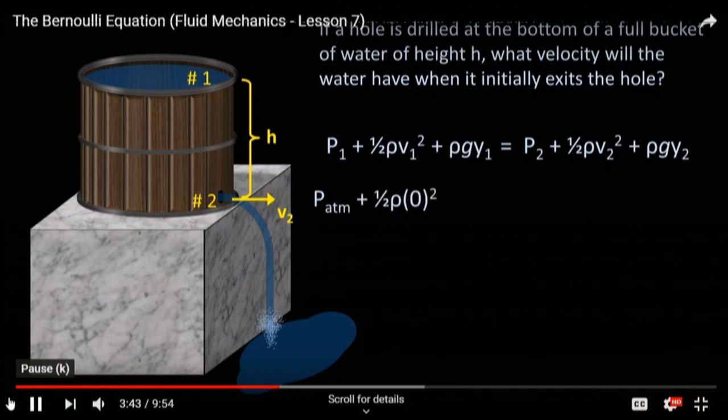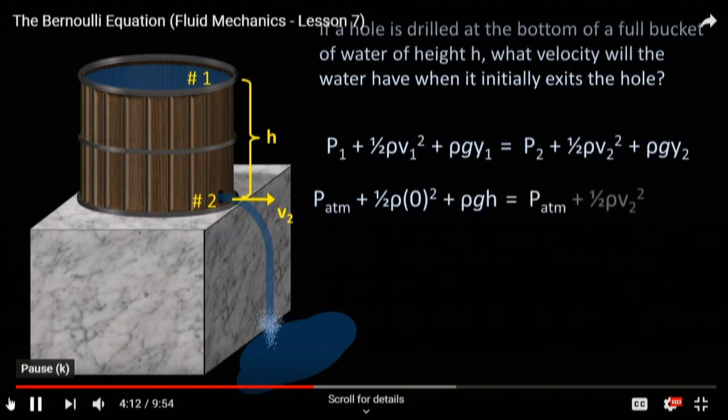The value of y1 is the height of point 1 above some arbitrary level. We can make that arbitrary level anything, but let's make it the top of the marble block. So y1 becomes h. Next we have p2. This may or may not seem intuitive, but if point 2 is located just at the lip of the exit hole, the water here is also exposed to atmospheric pressure. So p2 is also p atmosphere.